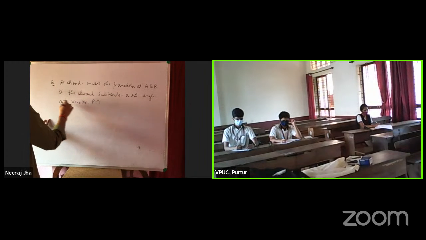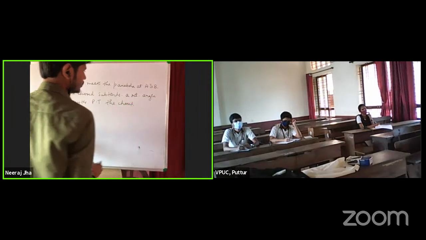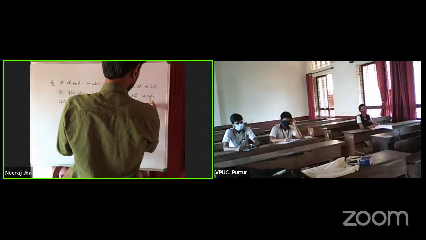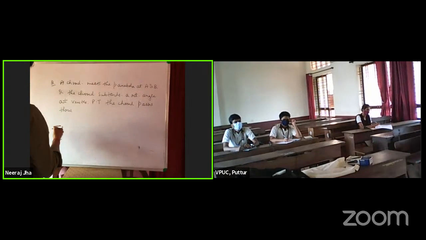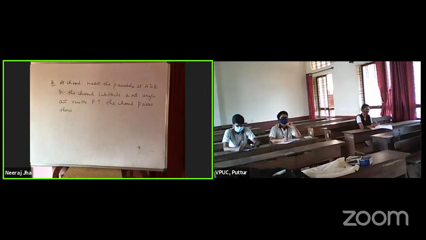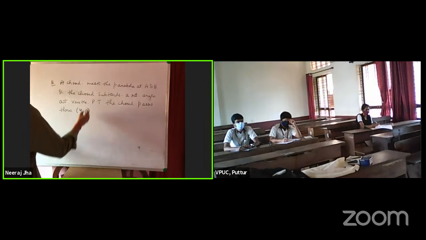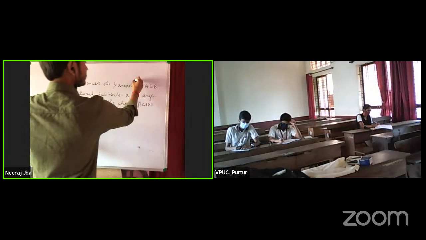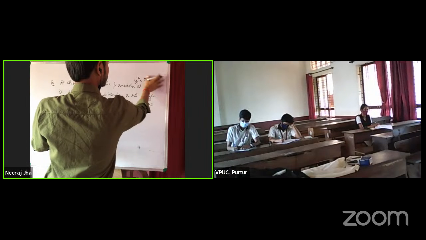Prove that the chord passes through 4,0. The parabola is y square is equal to 4x. Y square is equal to 4x.